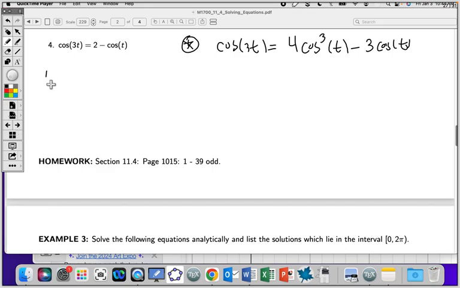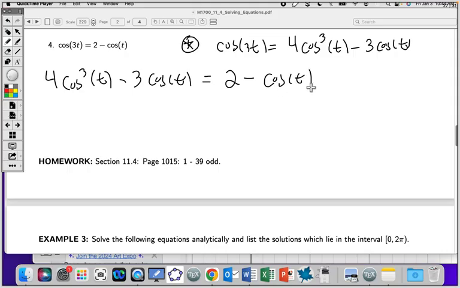So I could write this as 4 cosine cubed t minus 3 cosine t is 2 minus cosine t. And thinking algebraically, I've got a polynomial. 4x cubed minus 3x is 2 minus x.